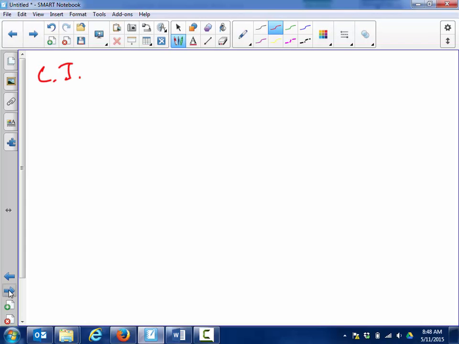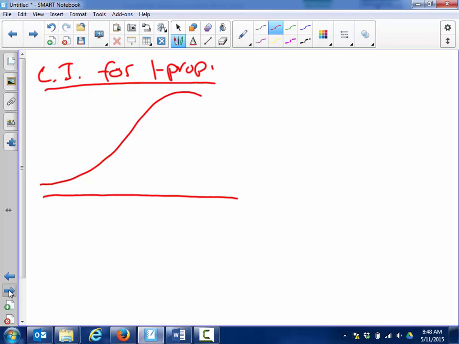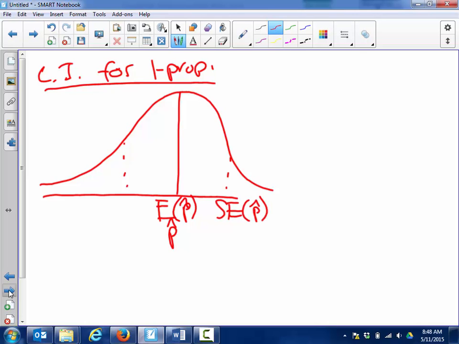Let's talk about what a confidence interval for one proportion looks like as well. Same thing: it's going to use the normal bell curve, not the t-distribution. We know confidence intervals use sample data to make estimates about population information, so the expected value of a sample proportion is just your sample proportion. That's your best guess, so to speak. Because you're using sample data, you use a standard error, not a standard deviation, for p hat, which is the square root of p hat q hat all over n.